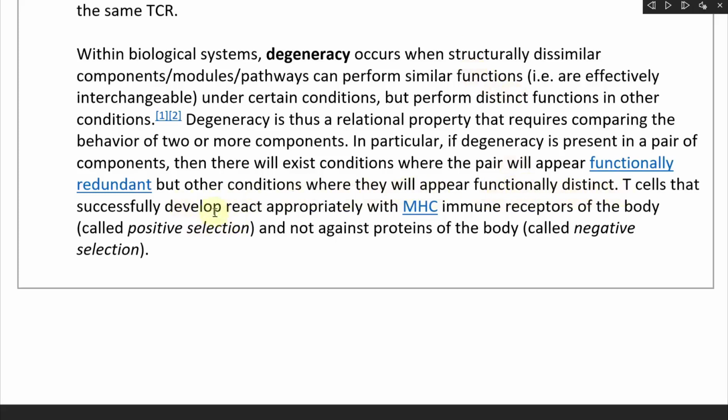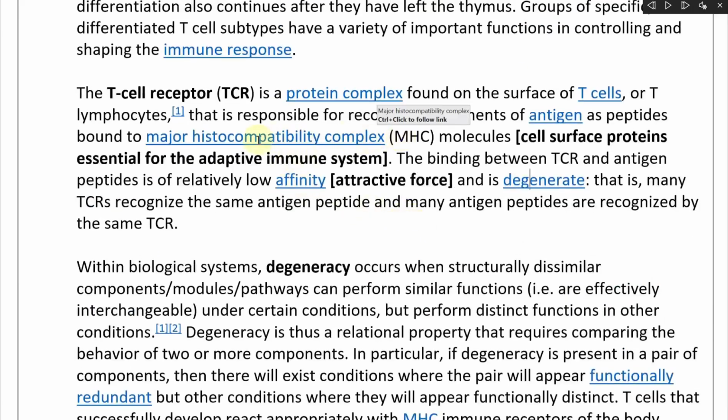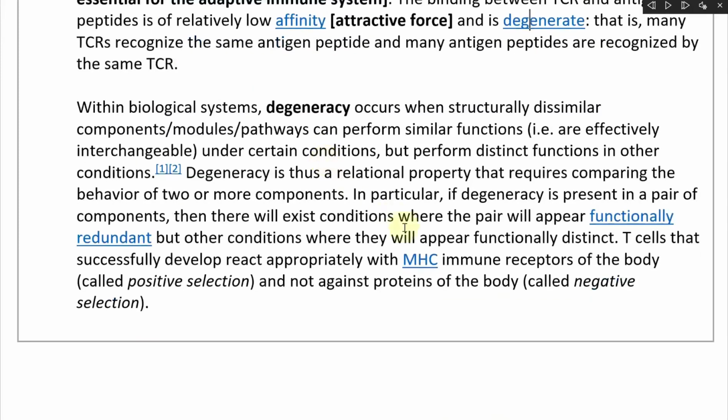T cells that successfully develop react appropriately with MHC, the major histocompatibility complex molecules. T cells that successfully develop react appropriately with the MHC immune receptors of the body, called positive selection, and not against proteins of the body, called negative selection.